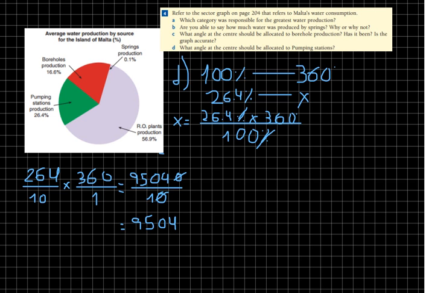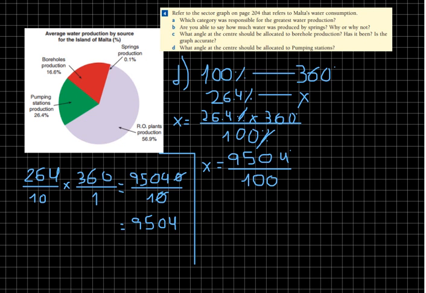Alright, so I'll continue what I was doing right here, trying to get the value of x, and in the numerator I have 9,504 degrees. Don't forget that is the unit that remained, and in the denominator I still have 100.